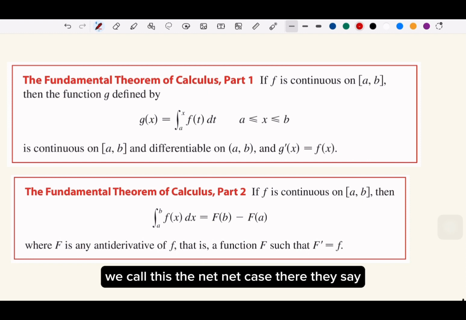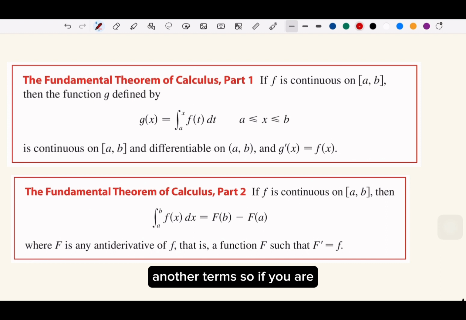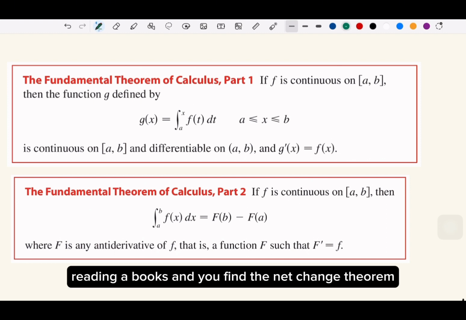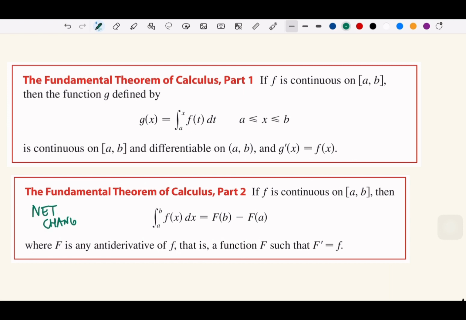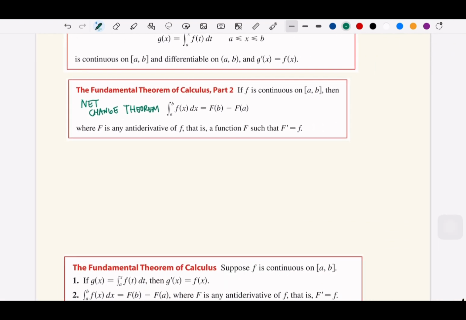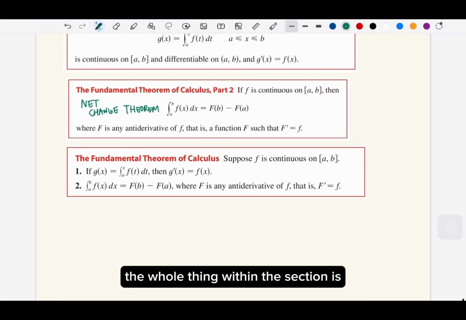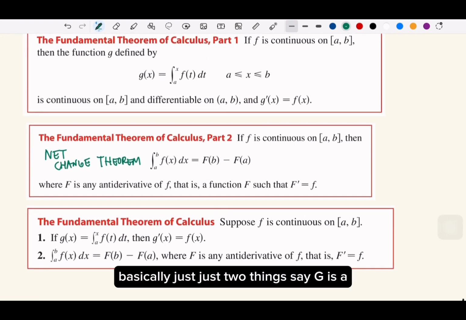Basically, this means that the difference between b and a is we can plug into this antiderivative: F of b minus F of a. We call this the net change theorem, another term. So if you are reading the books and you find the net change theorem, that's the same thing. Basically, the whole thing within this section is just two things.